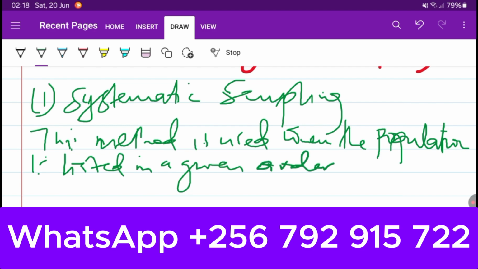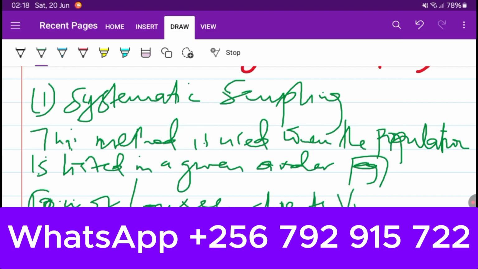When the population is listed in a given order, some of the examples, for example, we can have maybe a row of houses, or we can have maybe clients visiting a particular web page in maybe 1 hour.